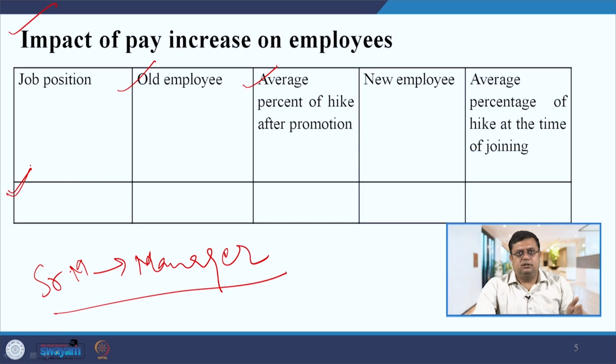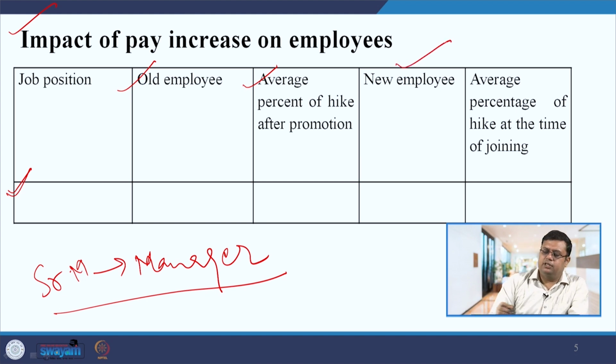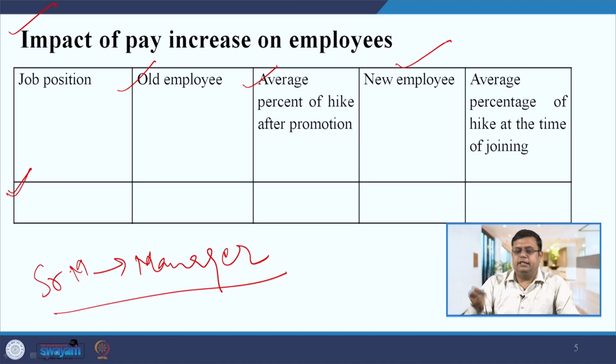Because of the job position, that person moved from senior manager to manager. So what was the percentage hike that was given to that person? And new employees joining from the outside on the same position, what is the percentage hike being given?